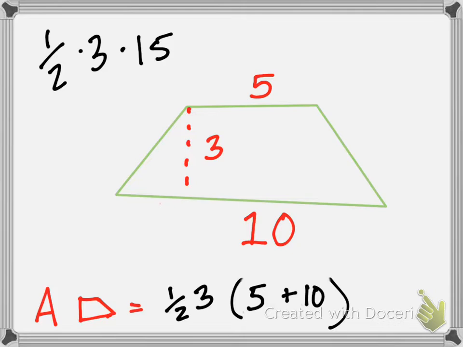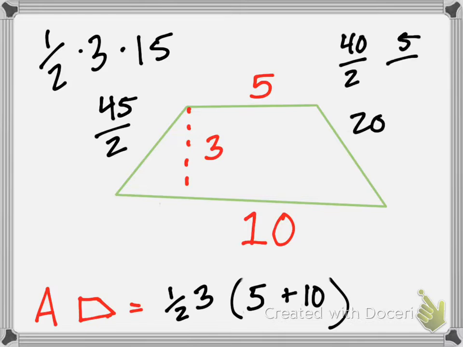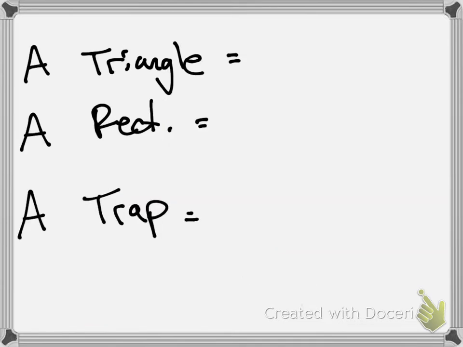I can't cross cancel, or I can't multiply anything out. 3 times 15, we get 45 divided by 2. 40 divided by 2 is 20. 5 divided by 2 is 2.5. So my end answer for my area is 22.5 or 22 and 1/2.